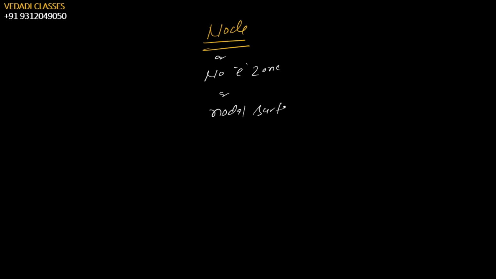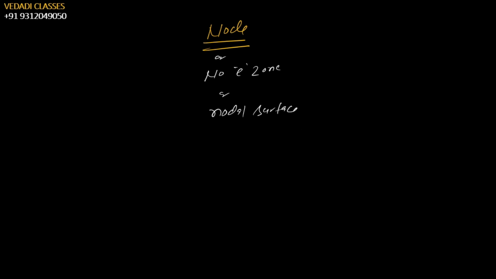Now we'll discuss one thing that is known as a node. So what is a node? A node is basically a no electron zone, the place where the possibility of finding the electron is 0, or simply we say nodal surface.